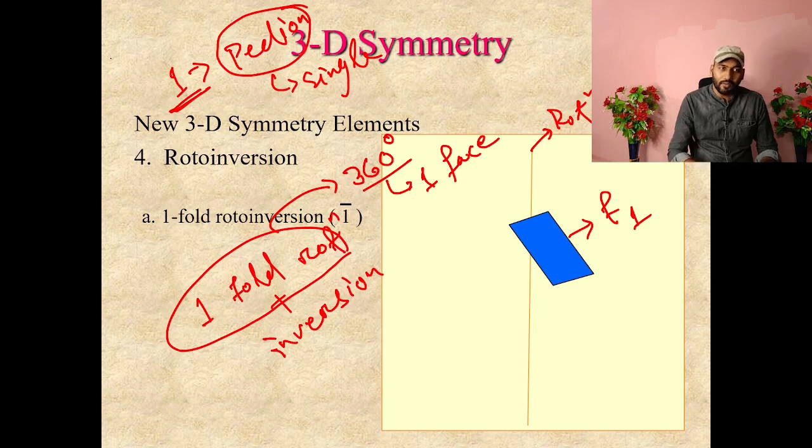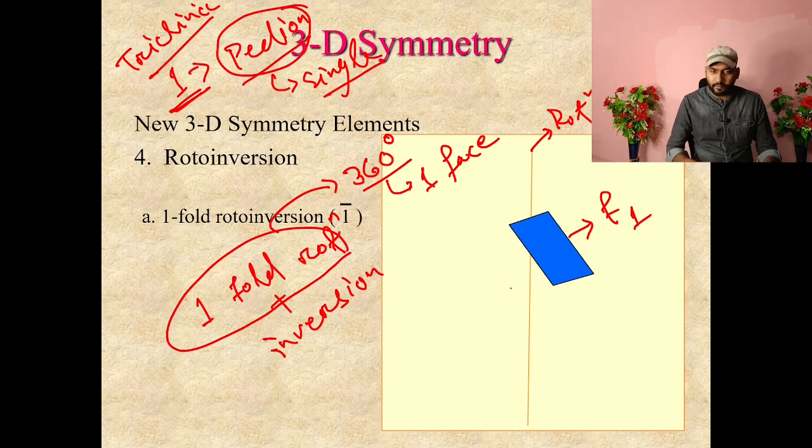This belongs to the triclinic system. In the triclinic system, we have this class which is represented with the symbol 1, meaning one fold rotation, which means in 360 degree only one face is there. So this single face class is called pedial class. The form is called pedion.